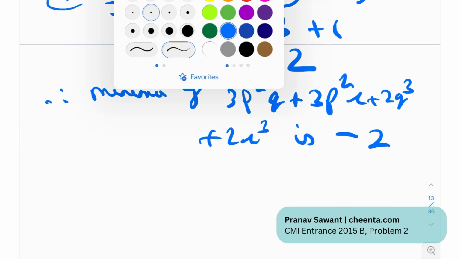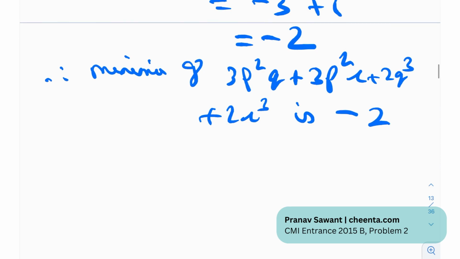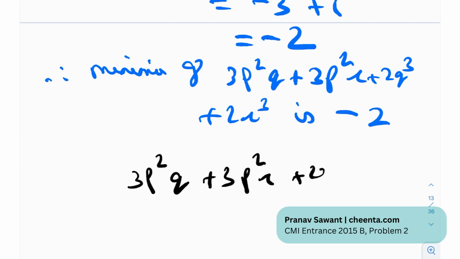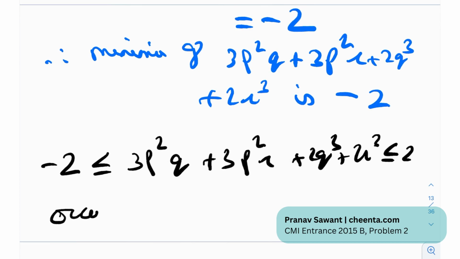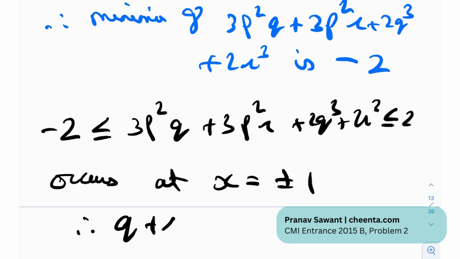So if I write this in the form of an inequality, I can write 3p square q plus 3p square r plus 2q cube plus 2r cube is less than or equal to 2 but is greater than or equal to minus 2. And when does this happen? Now as we had seen above, the equality occurs at x equals plus or minus 1. So therefore q plus r at plus or minus 1, right?